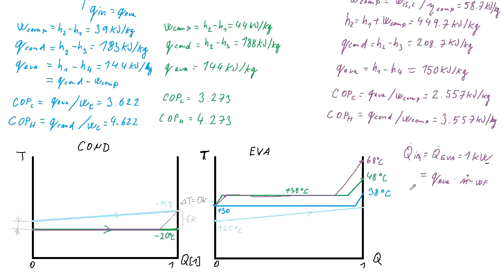So from this we can get that the mass flow rate of the working fluid is the Q in capital divided by q in lowercase.